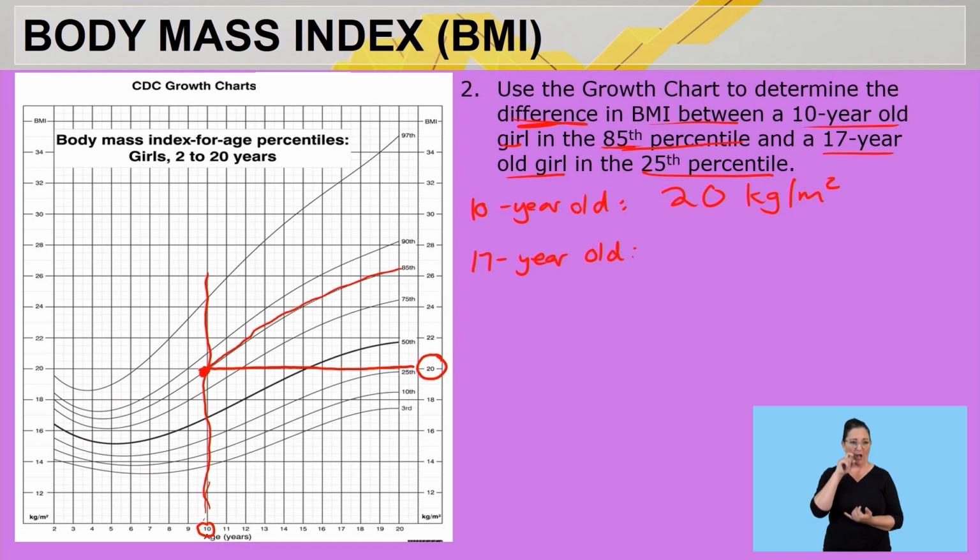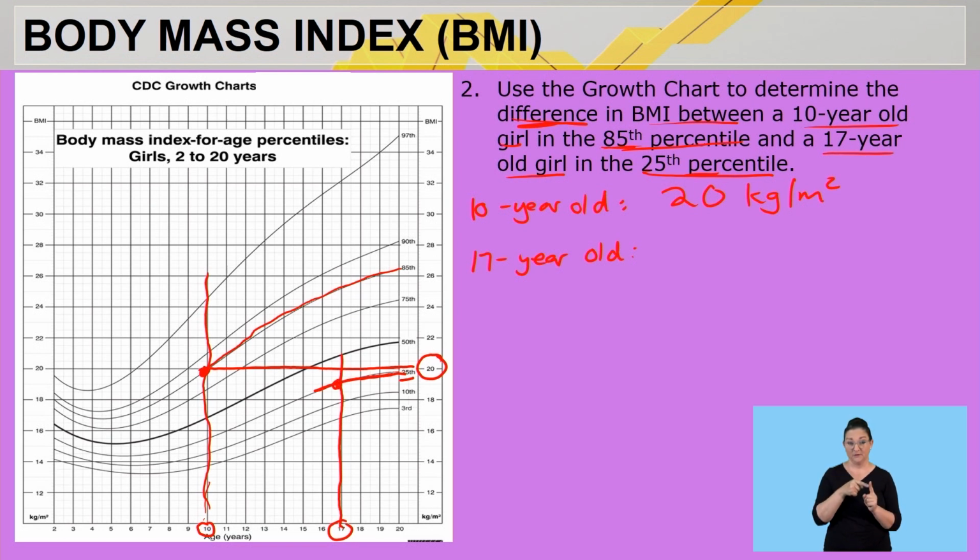Step one, let's find the age that is 17 years old. We are saying that the 17-year-old is in the 25th percentile, right? So here is my 25th percentile, right? So first, let me move up. And now I'll come with the curved line from the 25th percentile, and I'll move, follow the curved line. There they intersect.